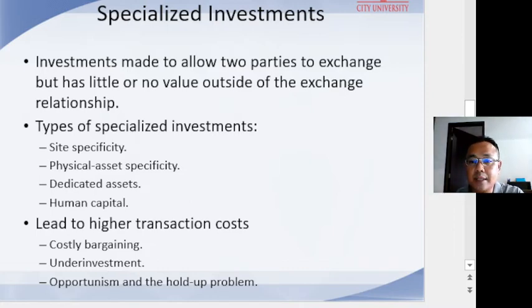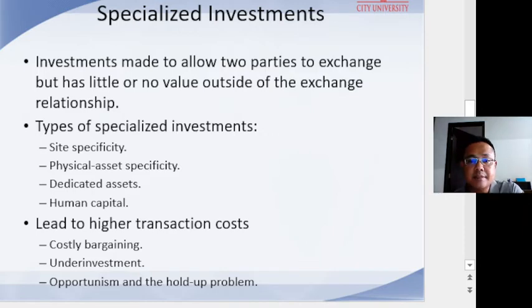So she goes to one of them at random and spends $10 inspecting the input. Once she has paid this $10, the supplier attempts to take advantage of the specialized investment and behave in an opportunistic manner. So it attempts to hold up, that's the hold-up problem.